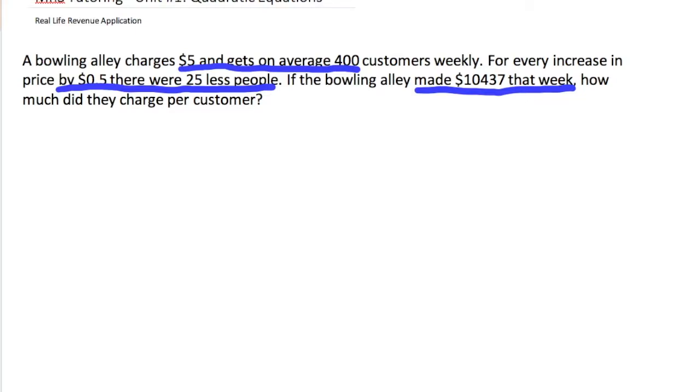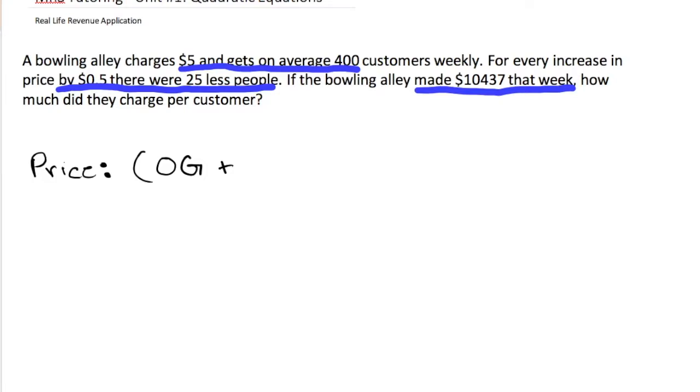What you always want to do when you're looking at real-life revenue application questions is allot one bracket for the price. So the price bracket in this case would have first the original price, and then how much the price changed by.